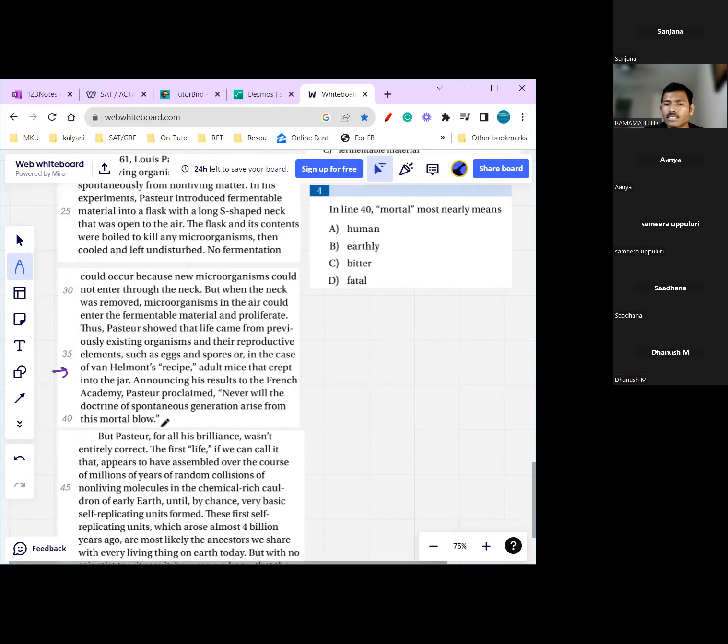So in this context, he meant that the doctrine is dead, like an opponent who has been struck with a fatal blow. Mortal means fatal. Always look at the context itself. So in this case, mortal means fatal. Does that make sense?